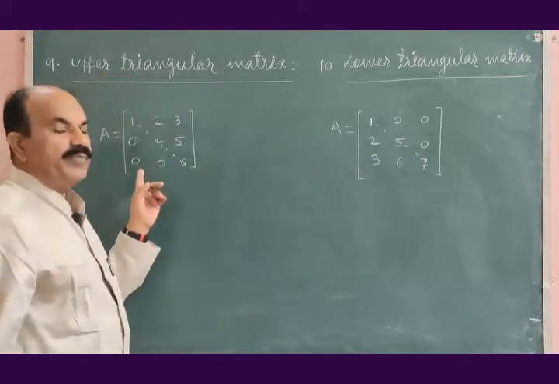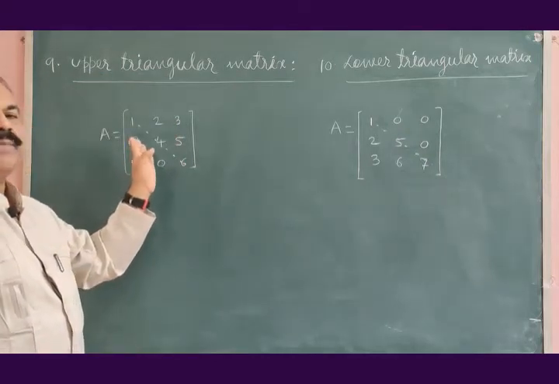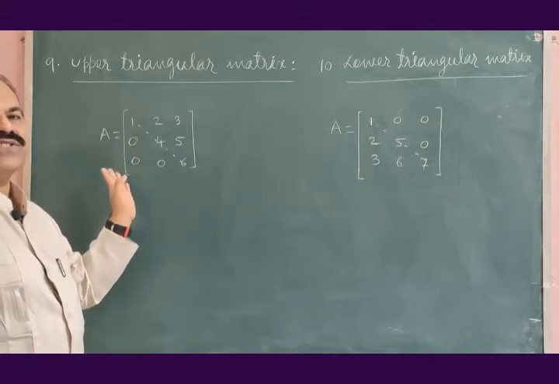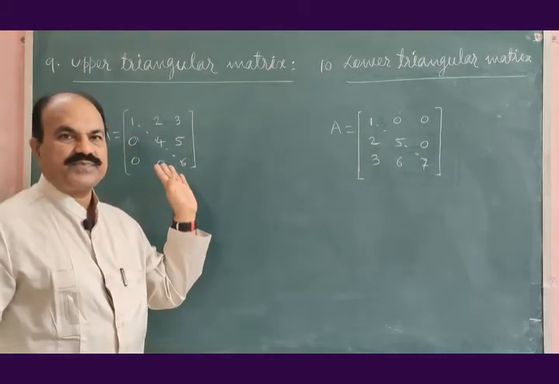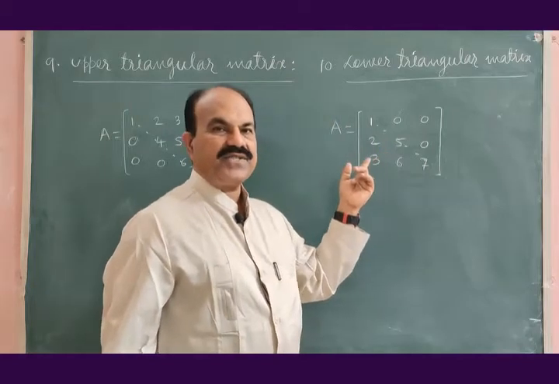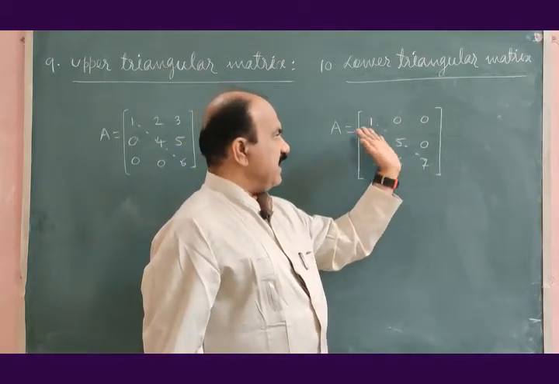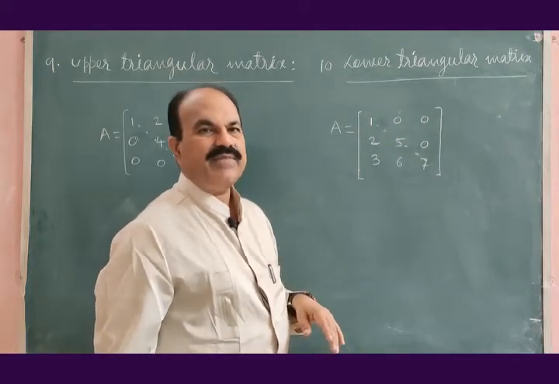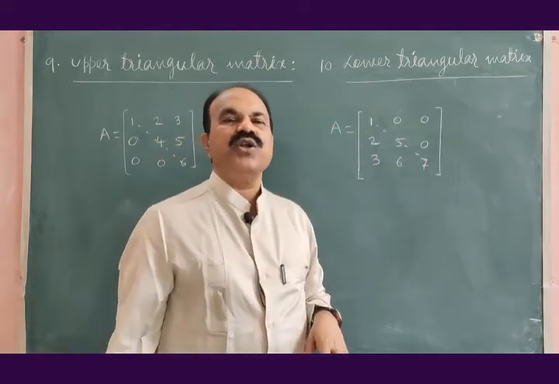In case of upper triangular matrix, the elements below the diagonal are 0 and all remaining elements are non-zero. In case of lower triangular matrix, it is a square matrix such that elements above the diagonal are 0 and all the remaining elements are non-zero.